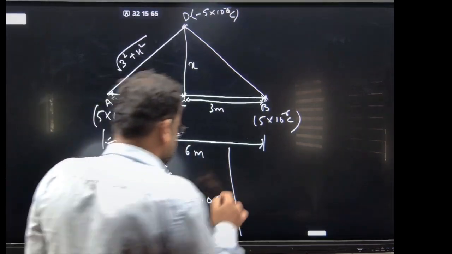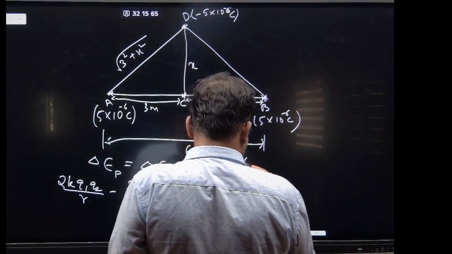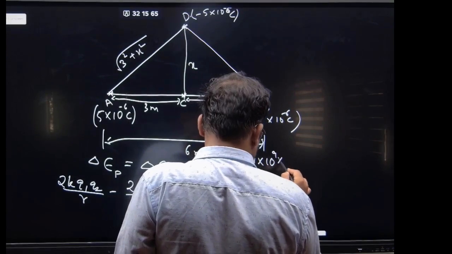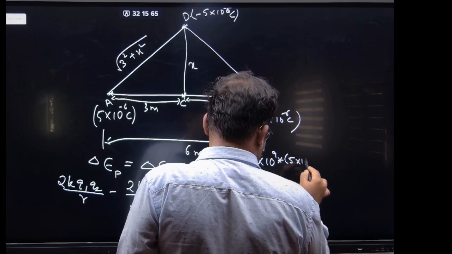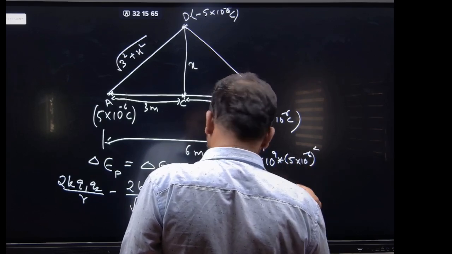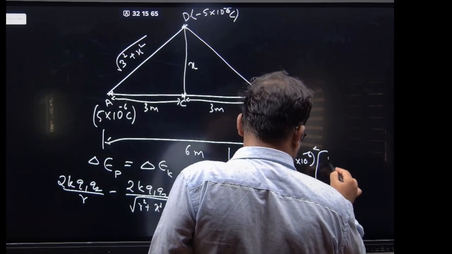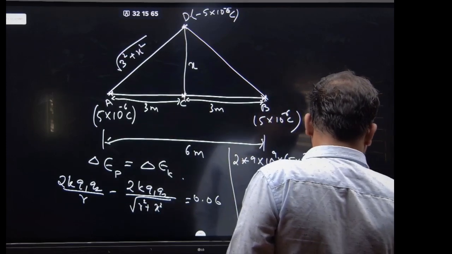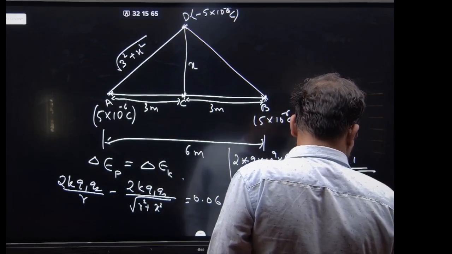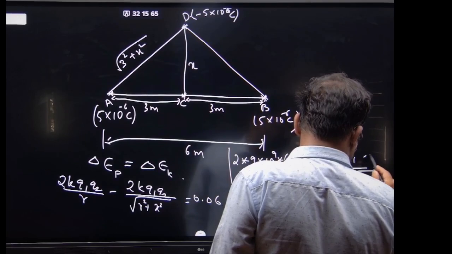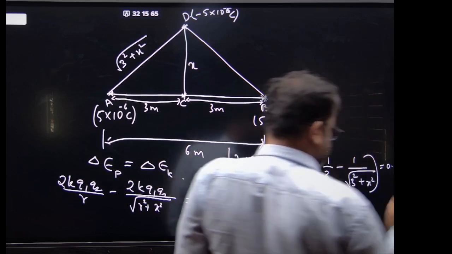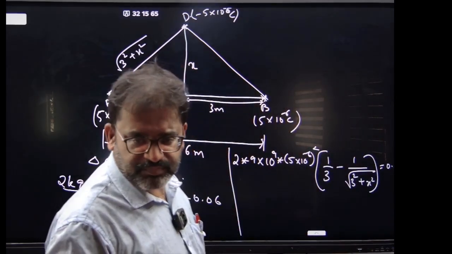Now this is nothing but we can say 2 into 9 into 10 to the power of 9 into 5 into 10 to the power minus 6 the whole square, in the bracket 1 by 3 minus 1 divided by root of 3 square plus x square is equal to 0.06. Correct?